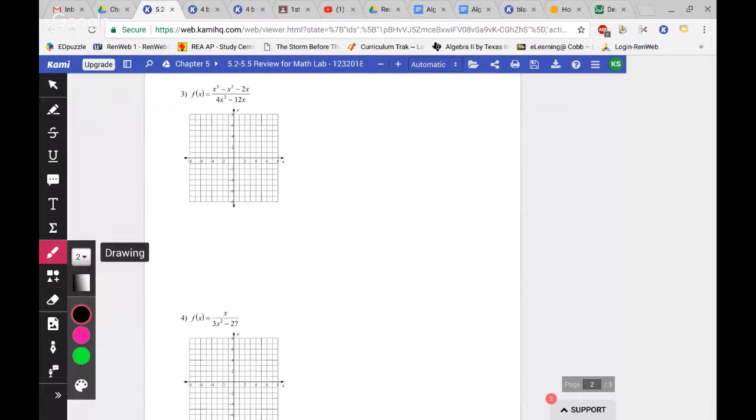By degree, you're talking about the exponent up here and the exponent down here. The exponent at the top is greater than the exponent in the denominator. So when the exponent in the numerator is greater than the one in the denominator, there is no horizontal asymptote.